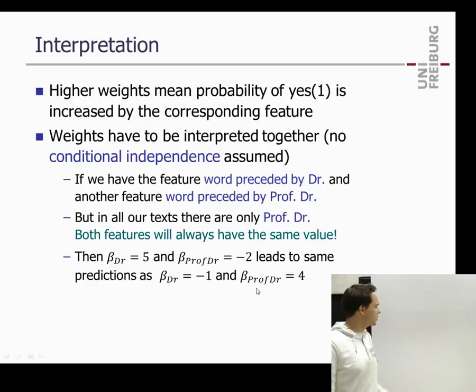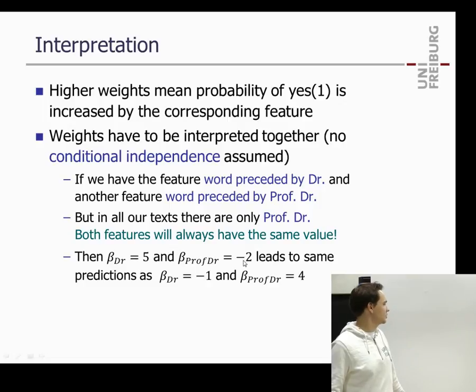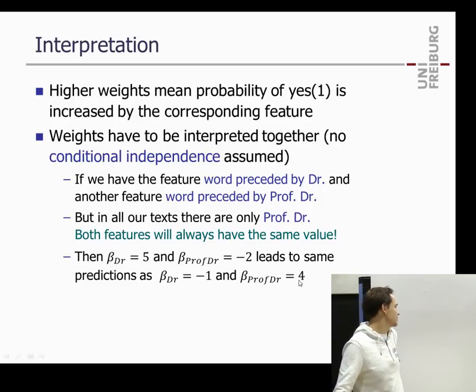Why is it so? Because you can imagine you have this sum, and basically you always multiply this with the same value as this. So you could just take the sum of these and multiply it with one value. And you see that the sum is the same. Here 5 minus 2 is 3, and minus 1 plus 4 is also 3.